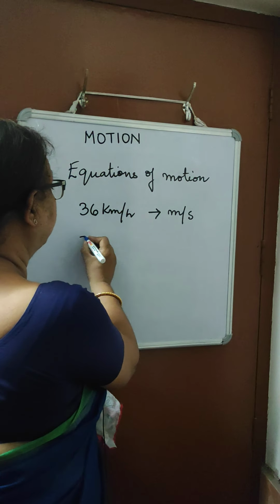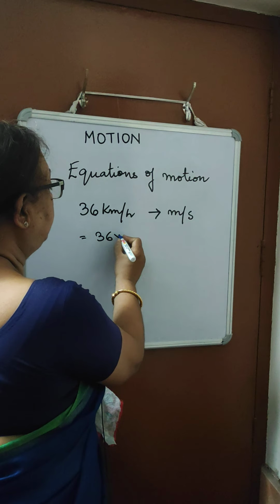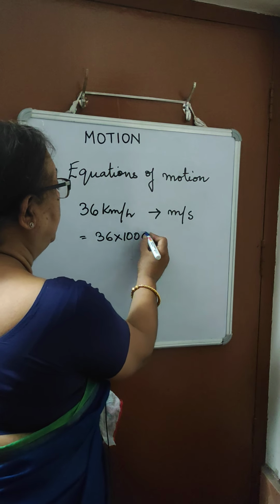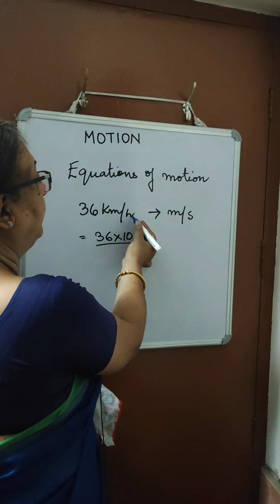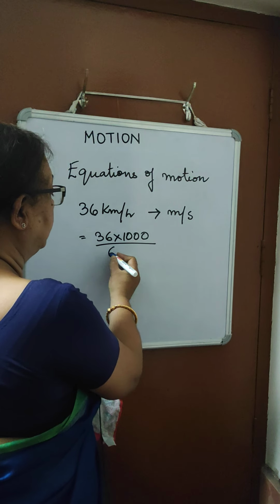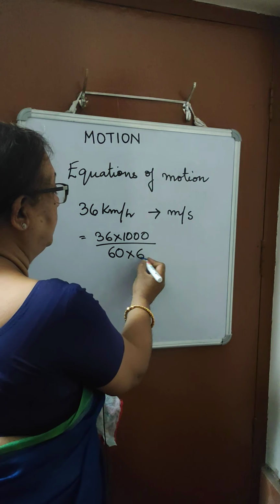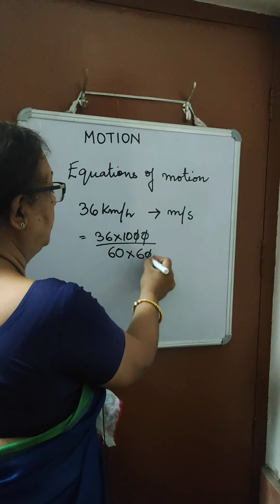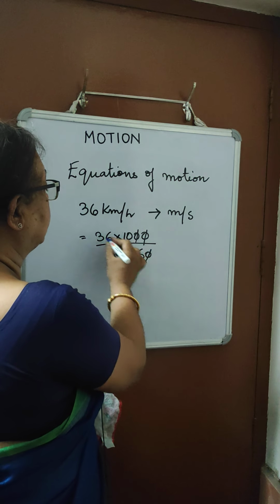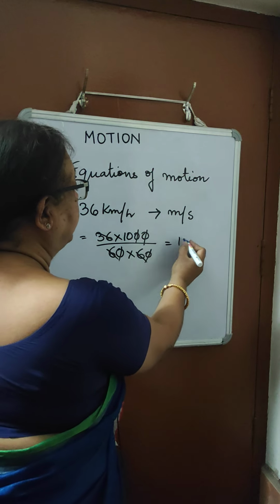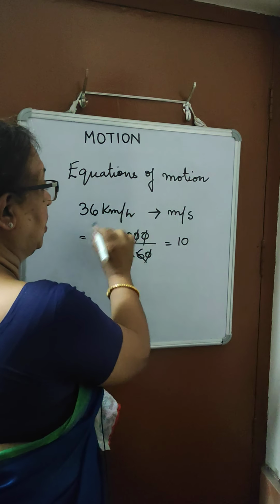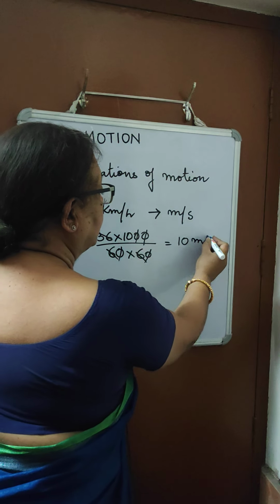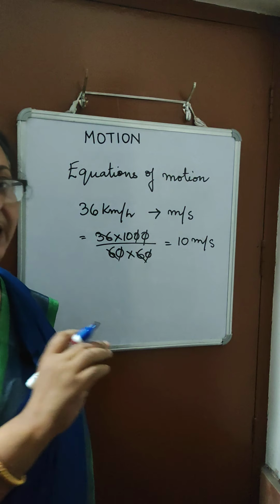So this can be written as 36 into 1000 by, we convert this hour to second, 60 into 60. So 2 zeros cancel, 6 and 6, 36. What is left? 10. So 36 kilometer per hour is equal to 10 meter per second.